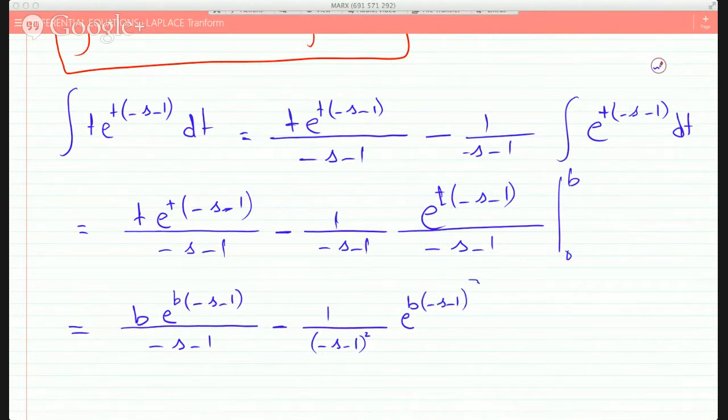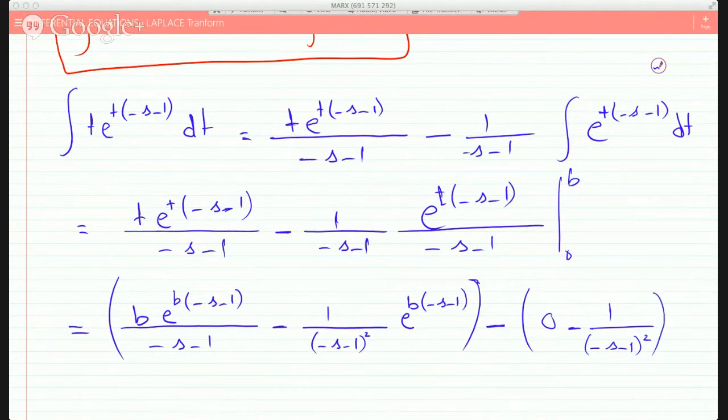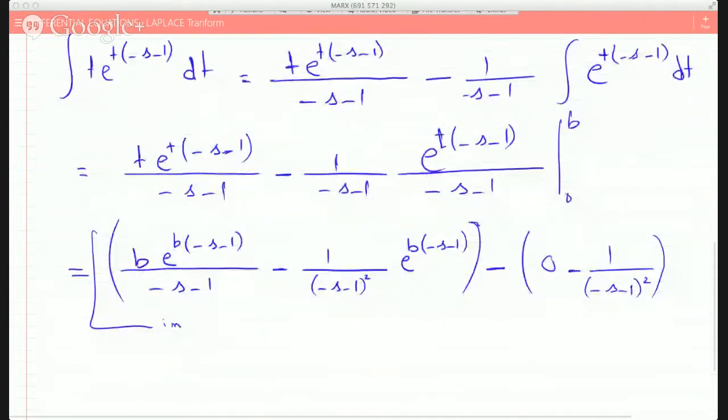This is the first part where we plug in the b, and now we evaluate at 0. So 0 will make the first term 0, and then the second term will be a 1, so this will be minus s minus 1 squared. And now we will take the limit of this as b goes to infinity.